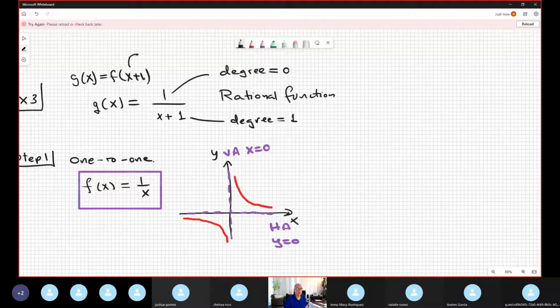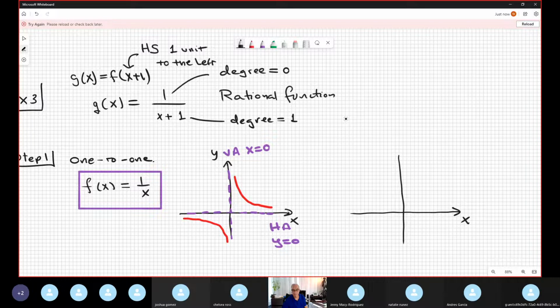And this is a horizontal shift, 1 unit to the left. So my graph looks like that, similar. You move the graph 1 unit to the left. Therefore, the only thing that changes is the vertical asymptote, which now is not at 0 but at x = -1.